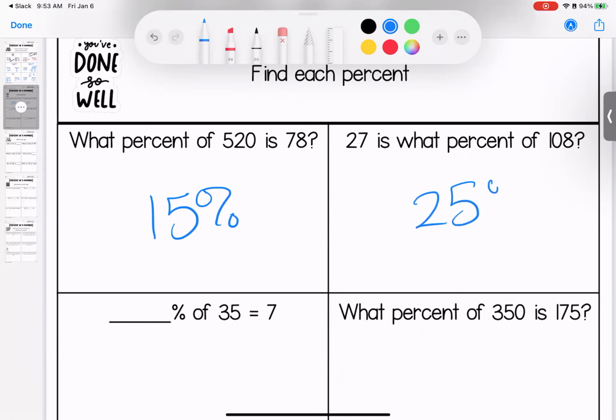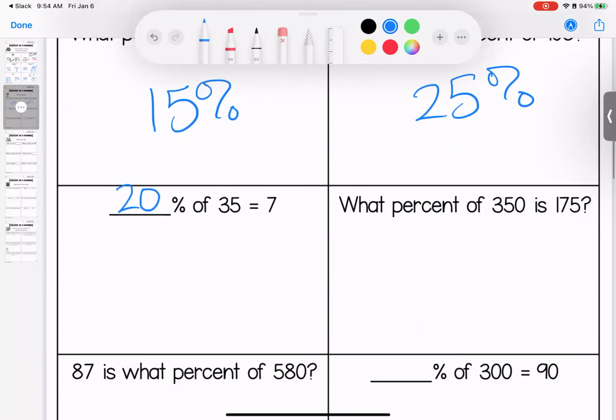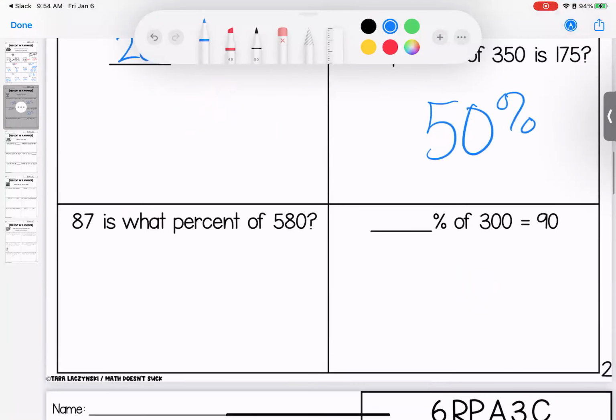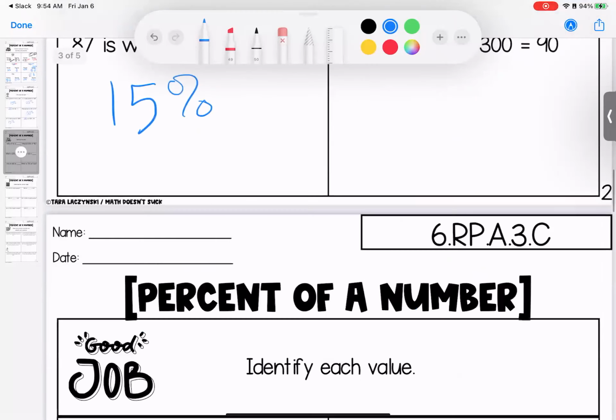It is 25%. 20% of 35 is 7. 50% of 350 is 175. 15% of 580 is 87. And 30% of 300 is 90. Questions on these? We've been working really hard on them. Bring them to class.